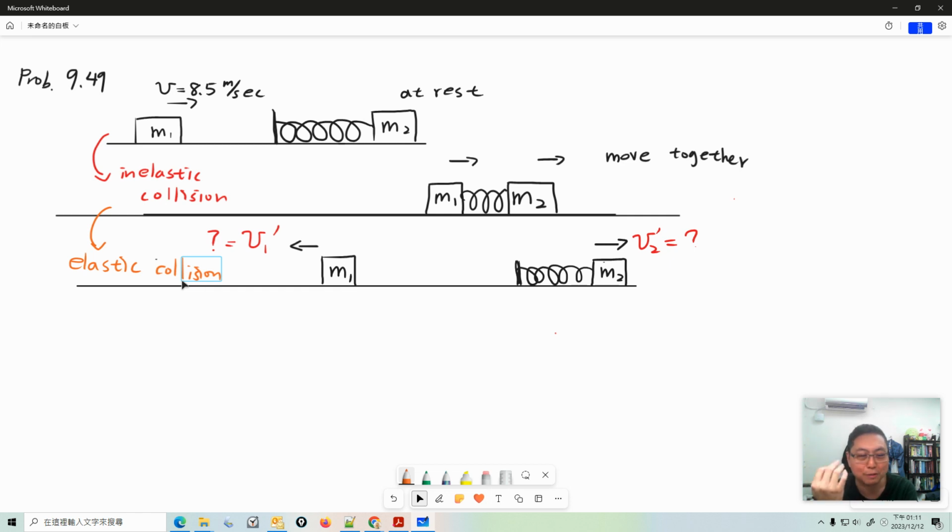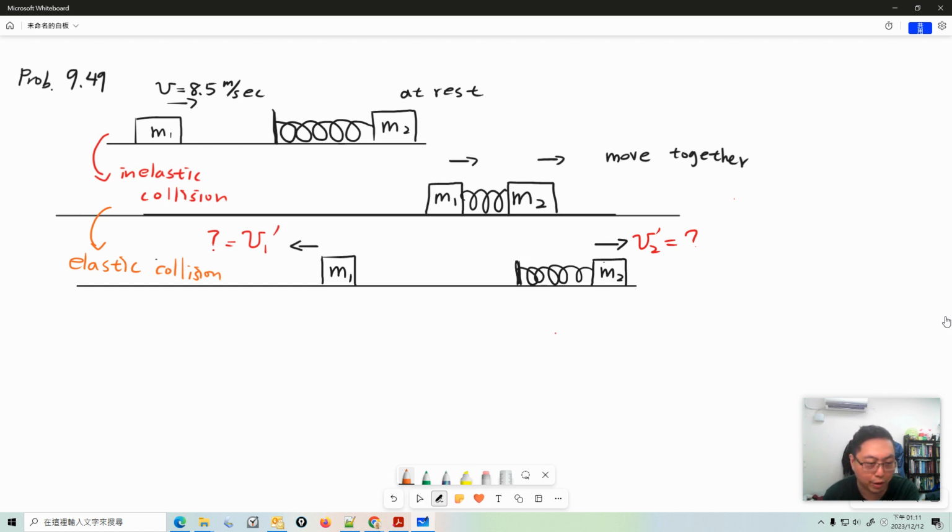No, I think the problem should tell you the second part is the elastic collision, but the first part is an inelastic collision. That's very sure because after the impact, the whole system moves together. That's definitely the inelastic collision, like the ballistic pendulum.